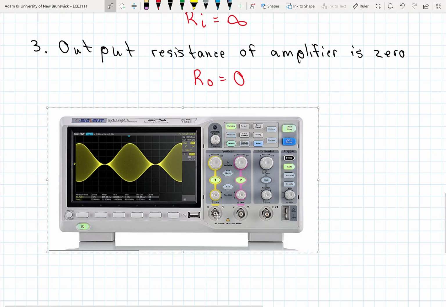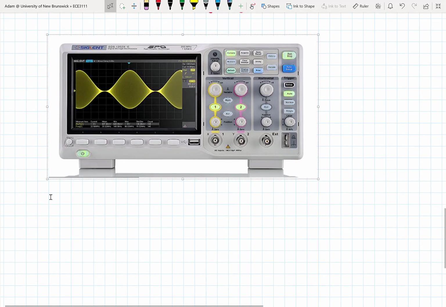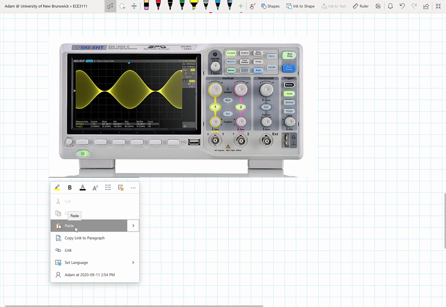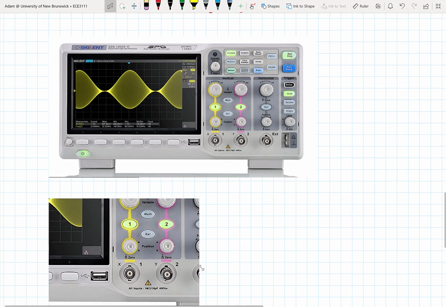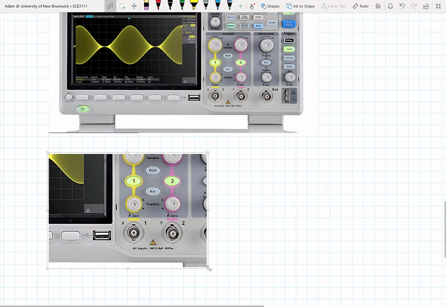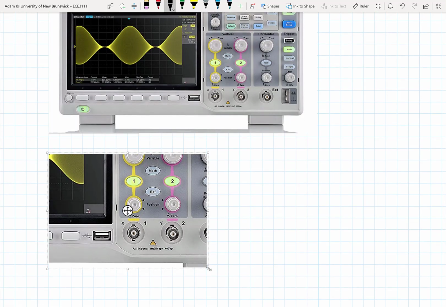It has input, so it can measure small signals. If we zoom in on that region by the inputs, you might note that it lists a resistance on the input. Right here we see a resistance that certainly isn't infinite. It is high, but we see an input resistance here that's 1 mega ohm for this oscilloscope, which again is essentially an amplifier.